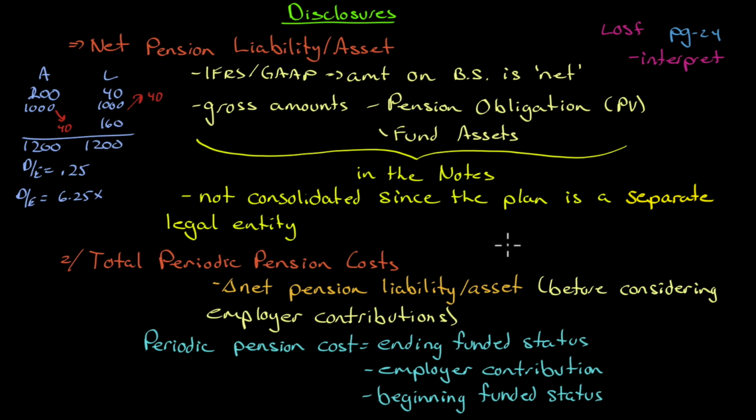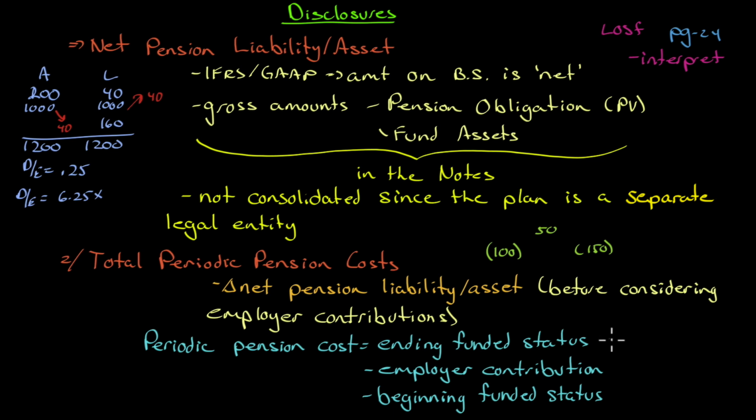Let's say we have a company where we have a $100 liability to start the period and a $150 liability to end the period. The company made no contributions whatsoever, so we can easily see that the total expense must have been $50 for the liability to increase if there were no contributions, right?